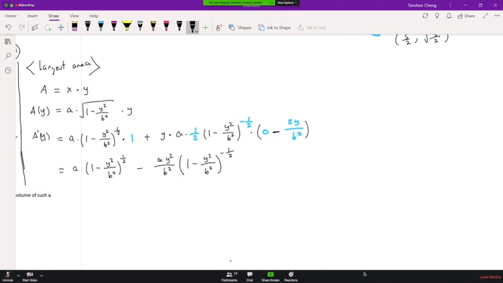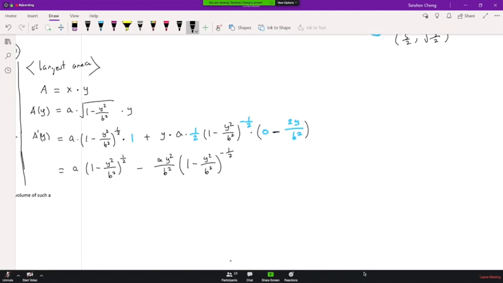Any questions before I move any further from here? Wait, why does it stay at b squared? You're talking about in blue or in black one? The blue one. Oh, because this is a function. B and a are constants.